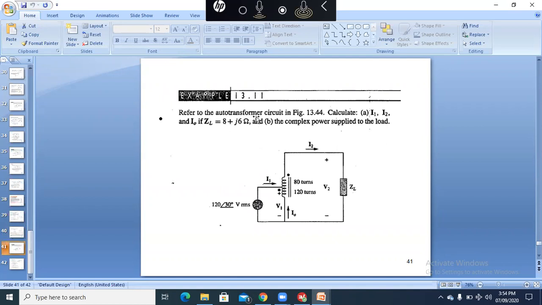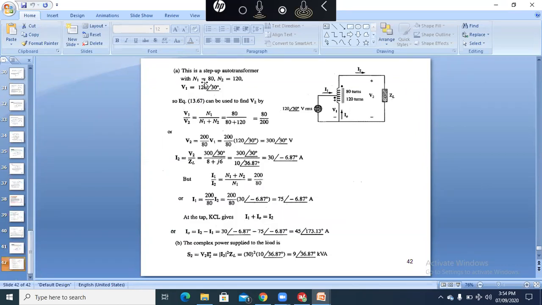So now we have to solve this problem. In this problem, we have an autotransformer circuit, and we have to calculate the values of I1, I2, and I0 across this load impedance 8 plus j6. Also, we have to calculate the complex power supplied to the load.